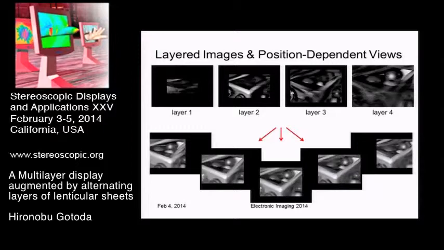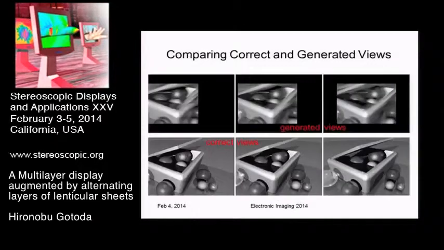In this example, 4 images exist in the display. If we look at these images from various directions, we get these views. These layer images are derived so that a correct light field will be reproduced.